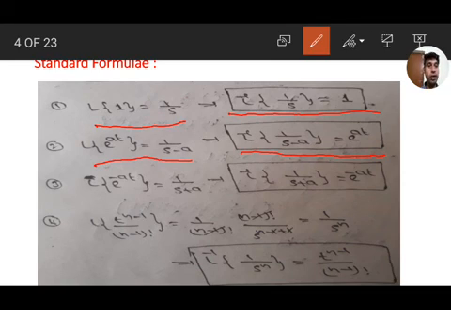Next, we know that L of e to the power of minus at equals 1 by s plus a. Therefore, L inverse of 1 by s plus a equals e to the power of minus at. Then L of t to the power of n minus 1 by n minus 1 factorial: 1 by n minus 1 factorial is the coefficient outside.